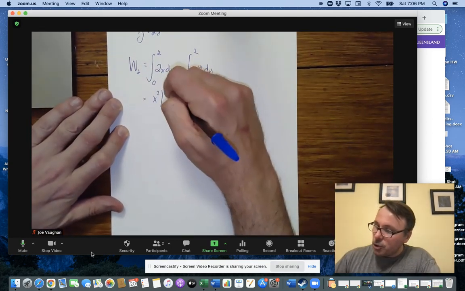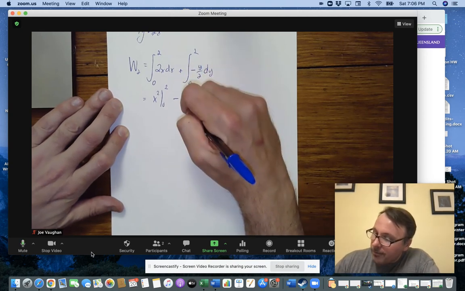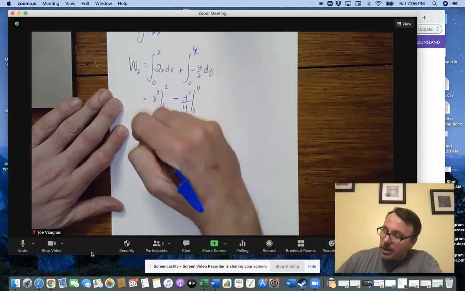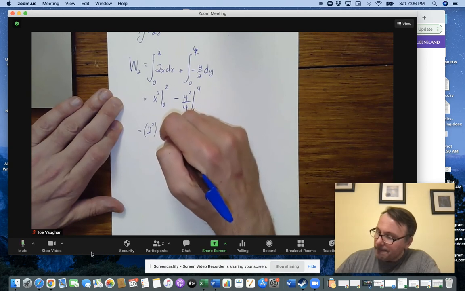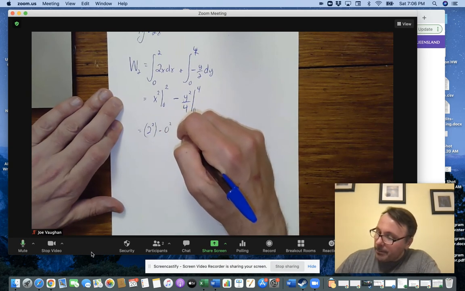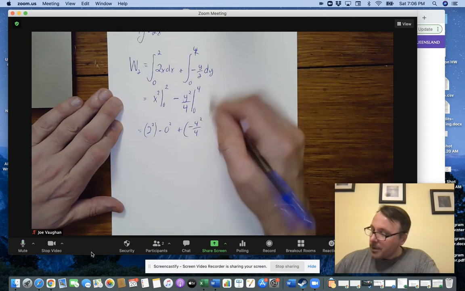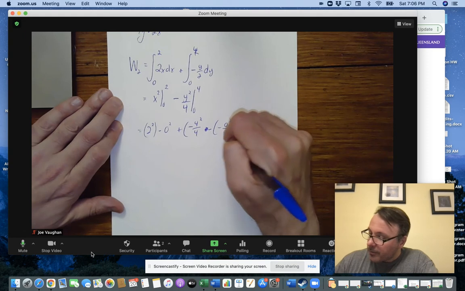X squared from 0 to 2, and this is going to be negative y squared over 4 between 0 and 4, excuse me. And so now I have 2 squared minus 0 squared, and then plus a negative 4 squared over 4, minus a minus 0 squared over 4.